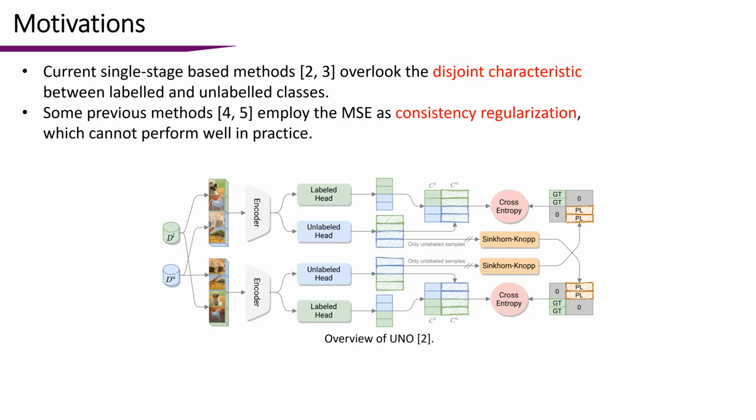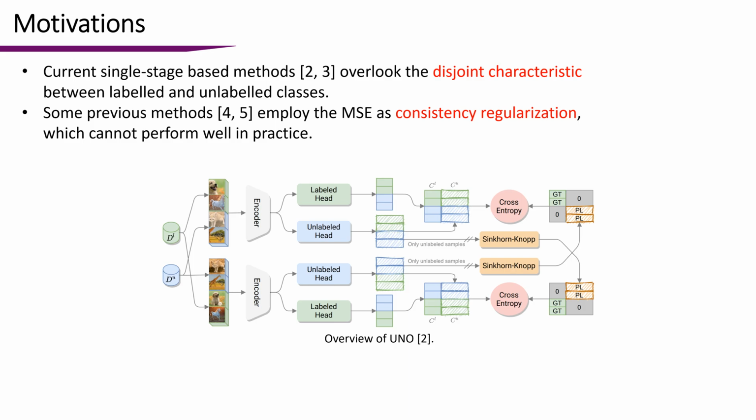Our motivation includes 2 points. The first one is that current single-stage based methods, such as UNO, overlook the disjoint characteristic between the two given datasets. Most current methods pay much attention to the semantic similarity between labeled data and unlabeled data, rather than the non-overlapped relationship.